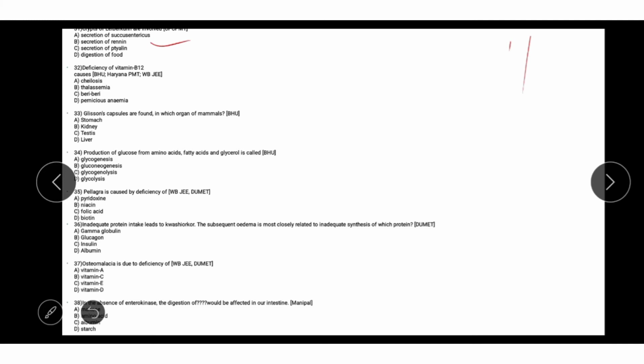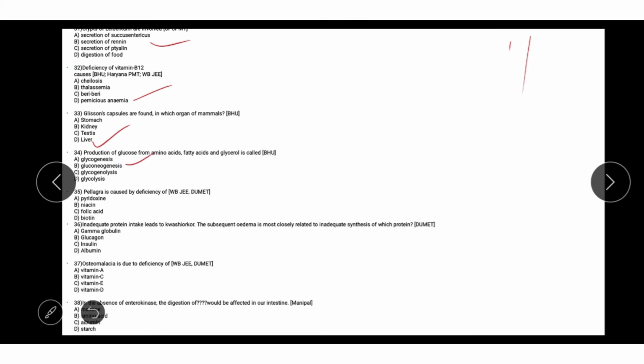The 32nd question is, deficiency of vitamin B12 causes cirrhosis, no. Thalassemia, no. Beriberi, no. Pernicious anemia. Glisson's capsule is found in which organ of mammal? Answer is liver.